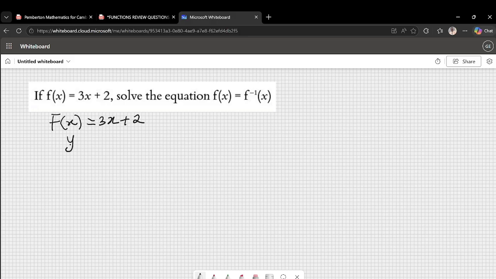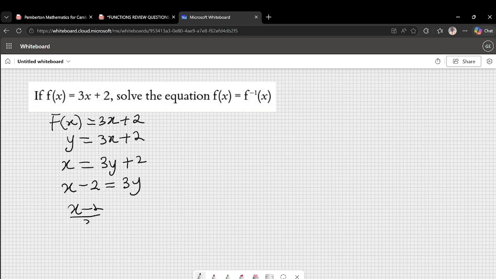This is going to be y is equal to 3x plus 2. Then swap the variables, x equals 3y plus 2. We arrange the formula, take plus 2 to the other side, it becomes minus 2. That will be 3y, divide both sides by 3. x minus 2 over 3 will be equal to y.